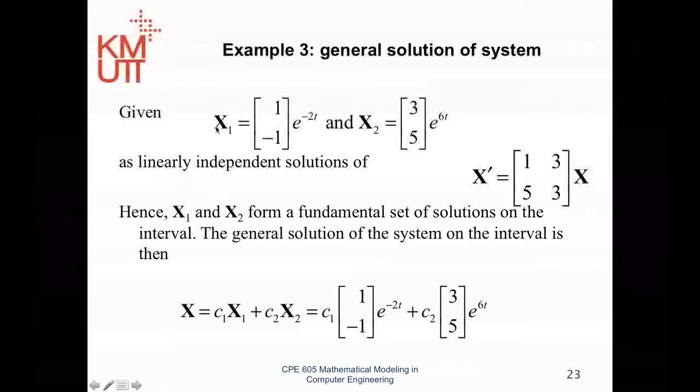And since x1 and x2 are linearly independent solutions, we can write a general solution of the system in the form c1x1 plus c2x2, equals c1 times x1 plus c2 times x2.